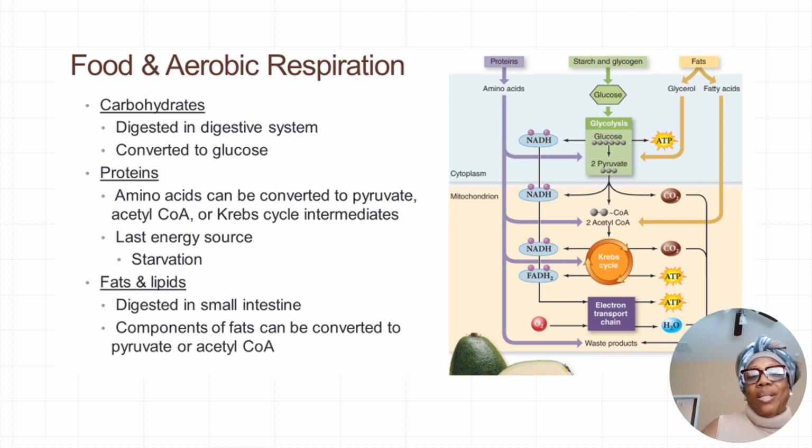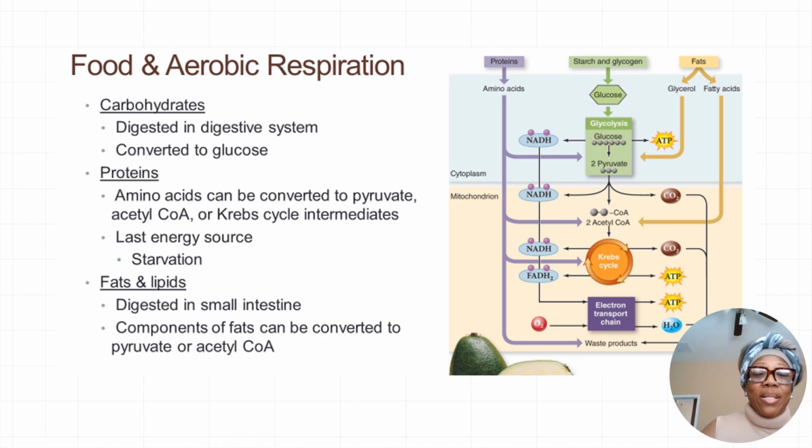So just to backtrack a little bit, we've already talked about getting energy from our food, and those nutrients and molecules now go into this metabolic pathway called aerobic respiration. Different foods are, of course, digested in different organs of the body. Carbohydrates will go through the digestive system and are converted to glucose.